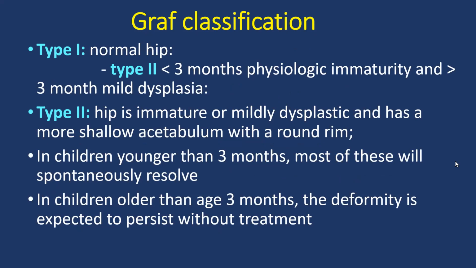Type 2, the hip is immature or mildly dysplastic and has a more shallow acetabulum with a round rim. In children younger than 3 months, most of these will spontaneously resolve. In children older than 3 months, the deformity is expected to persist without treatment.